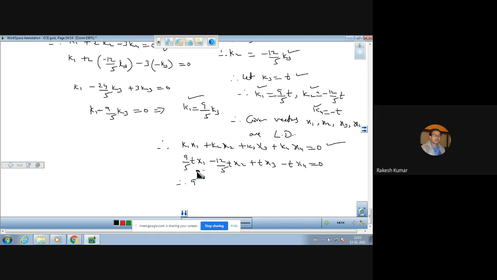So t is common in all four coefficients. Taking t common, we can make the right side 0. So 9x1 minus 12x2 plus 5x3 minus 5x4 is equal to 0. So this is the relationship between the given vectors.